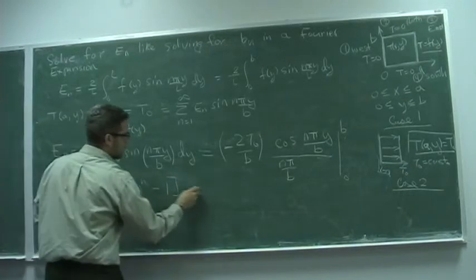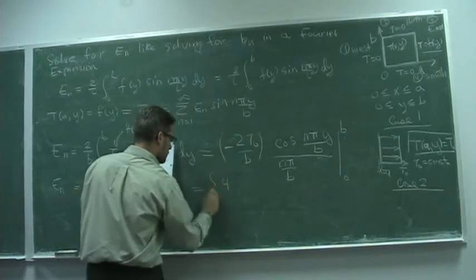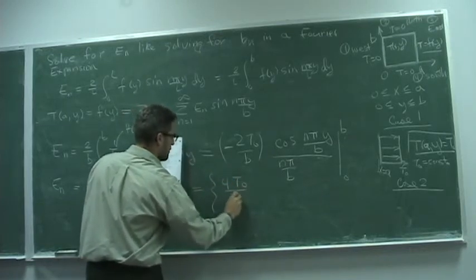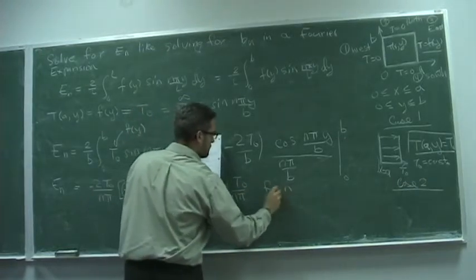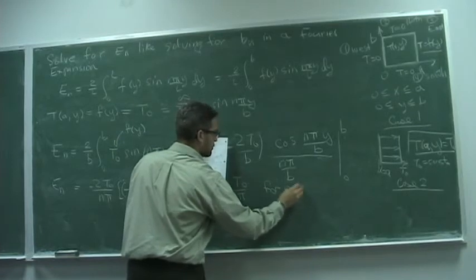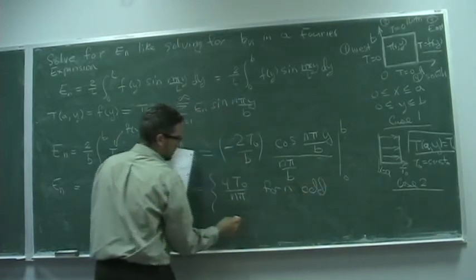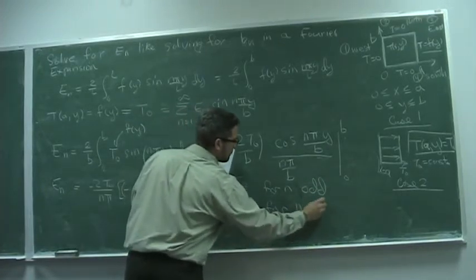Which equals 4 t0 over n pi for n odd, and 0 for n even.